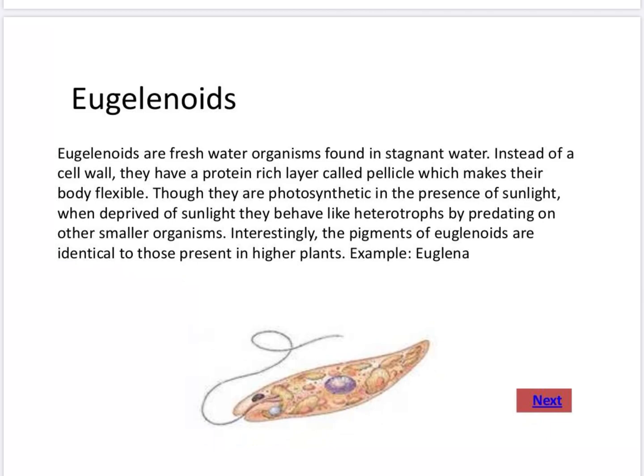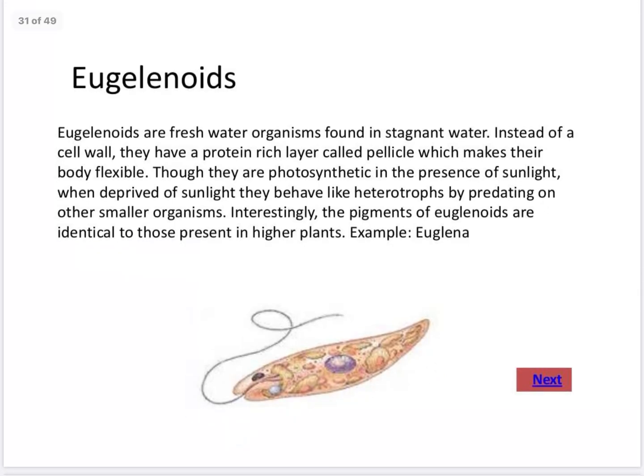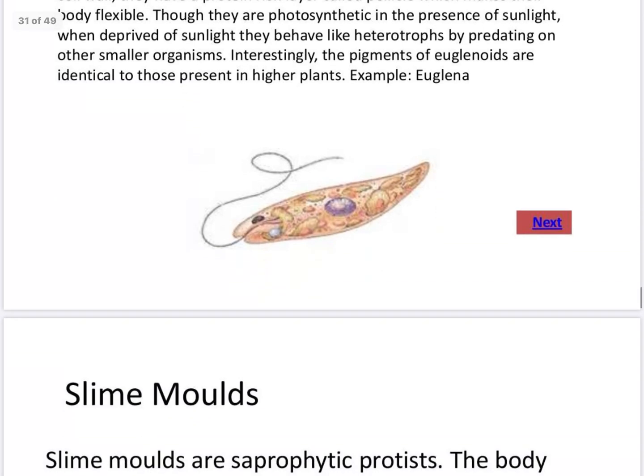They are photosynthetic, and when deprived of sunlight, they also undergo heterotrophic nutrition. Hence, we say euglenoids exhibit mixotrophic nutrition. Auto plus hetero is equal to mixotrophic nutrition. Example, as you are seeing, Euglena.